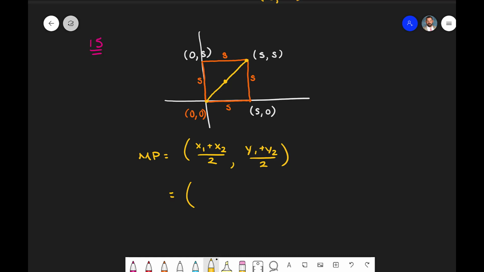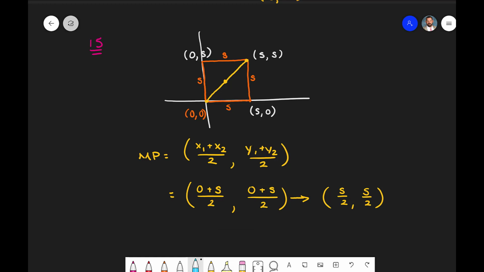Our x1 value is 0, our x2 value is s, and we divide that by 2. With our y-coordinates, it's the exact same values, 0 plus s over 2. That simplifies to s over 2, s over 2. So the midpoint of that yellow line that I've drawn is s over 2 and s over 2.